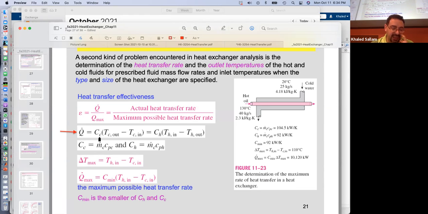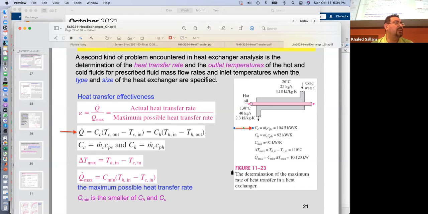What is this capital C? Yeah, it's M dot CP. Out of all the alphabet in the world, we just use another C for it.